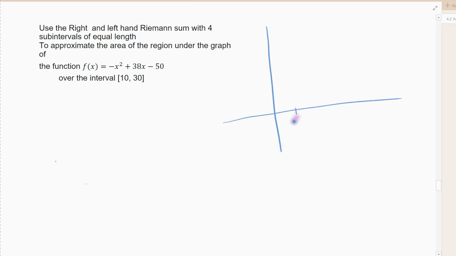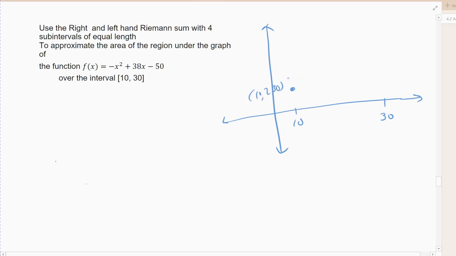And so, I remember I'm starting at 10, stopping at 30. I'm going to use my calculator to make sure I've got a good picture. I type it in my calculator, make sure my window's big enough, 0 to 30. When I type 10 in, it comes out 230, so I'm going to mark off 10, 230.